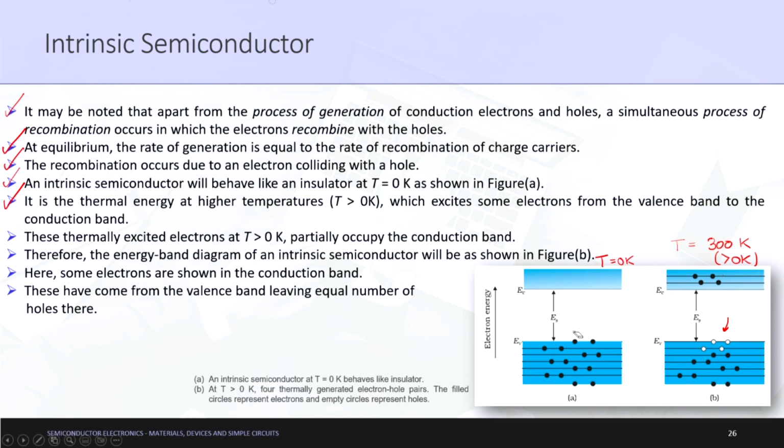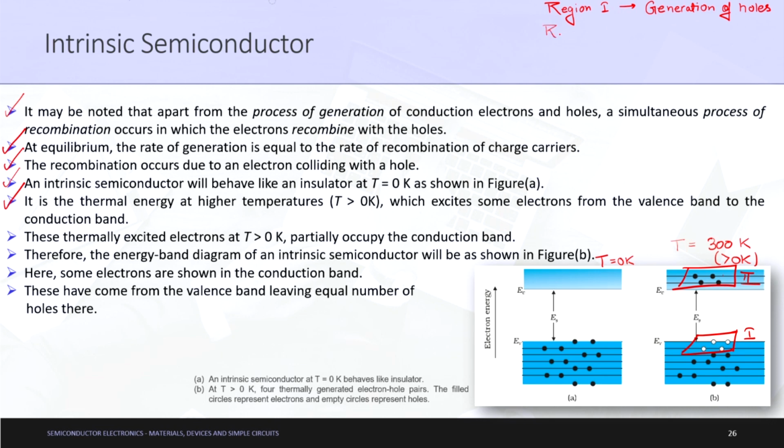Let me just write it here so that it will be much clearer. Let us say I denote this as region 1 and this as region 2. Okay. What happens in region 1? There is generation of holes.